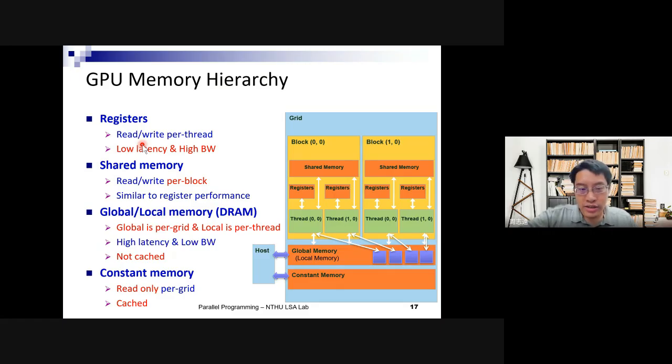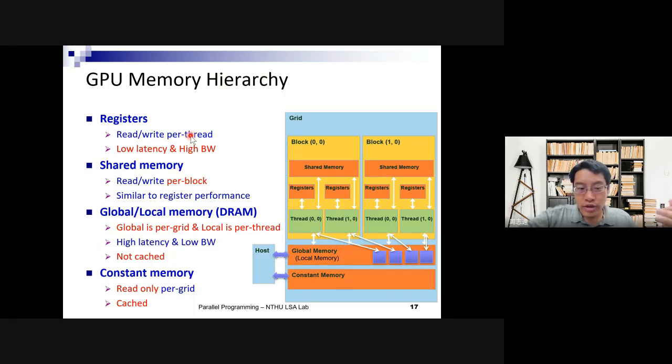However, on the streaming processor, it can only assign limited registers for each thread. So you may not have enough space to hold all the local variables in the registers.